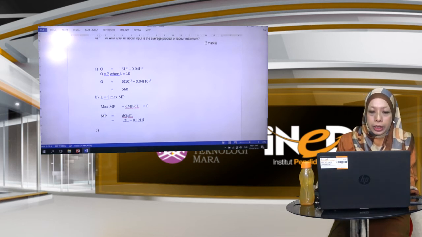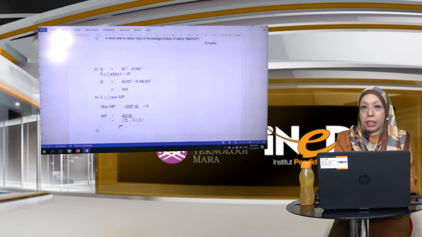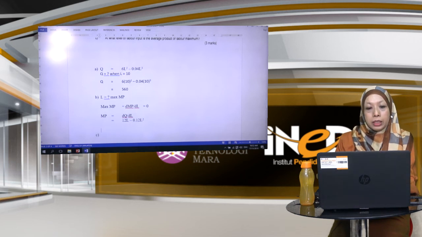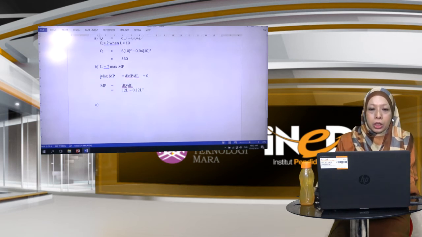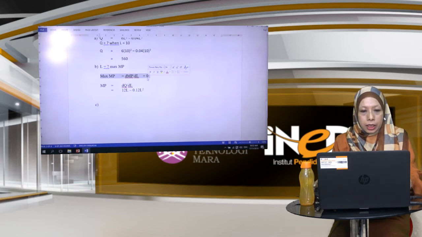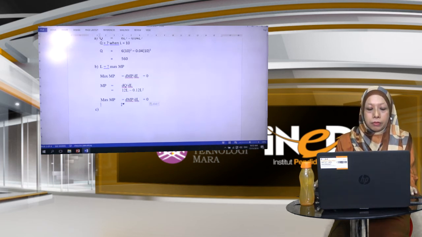This is your marginal product function. But we are not done yet. The question wants you to find the value of L which maximizes marginal product, and you are required to differentiate marginal product and set it equal to 0. So let's now answer the question.